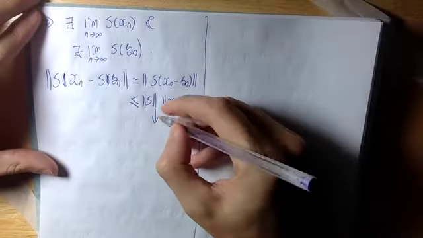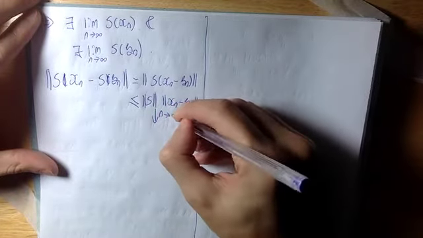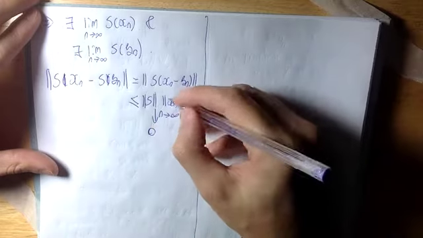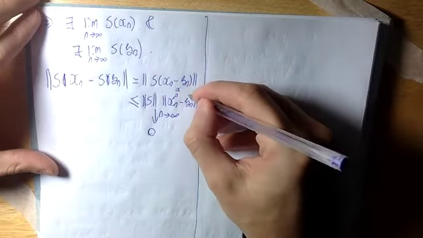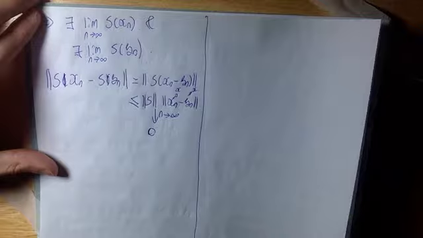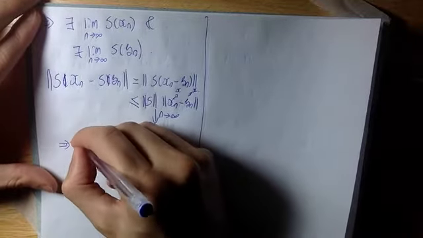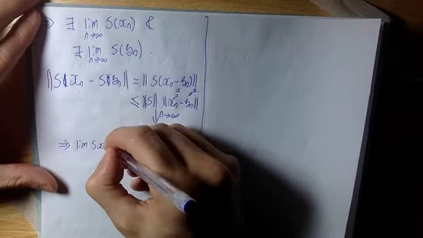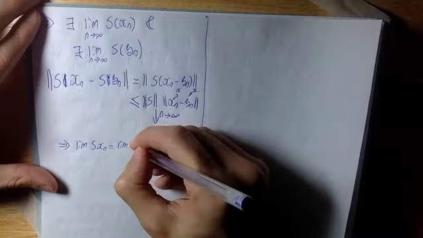This goes to 0 when n goes to infinity, because xn goes to x and yn goes to x. So we have just shown that the limit of Sxn is equal to the limit of Syn.